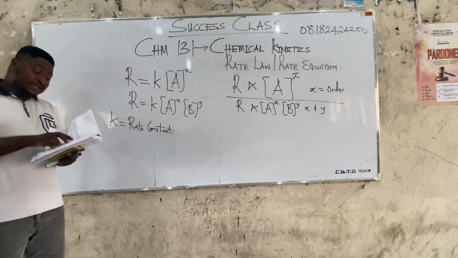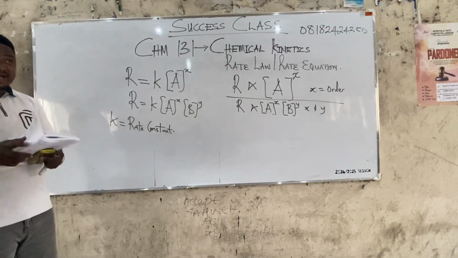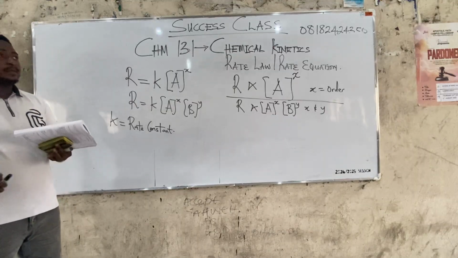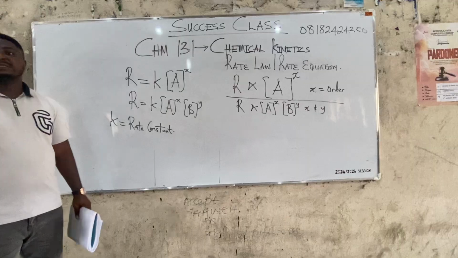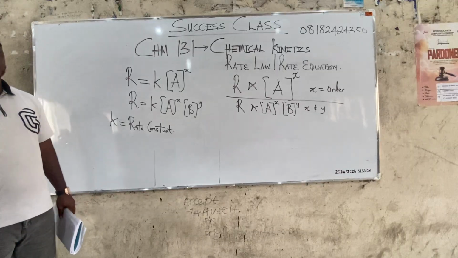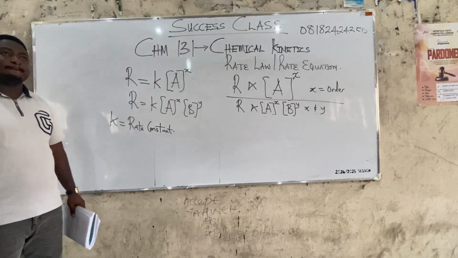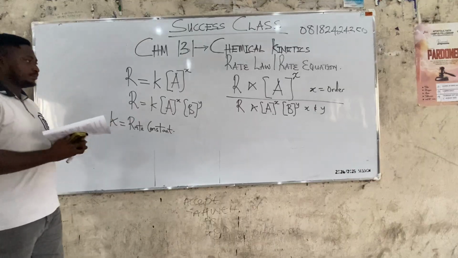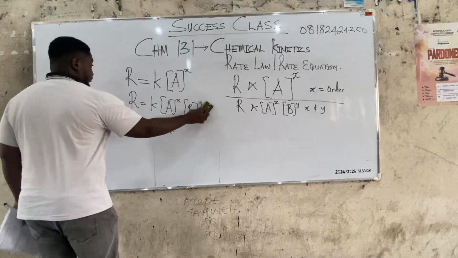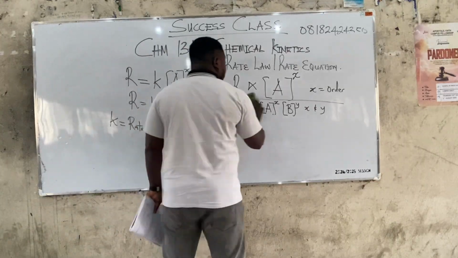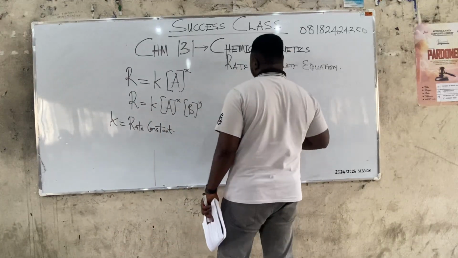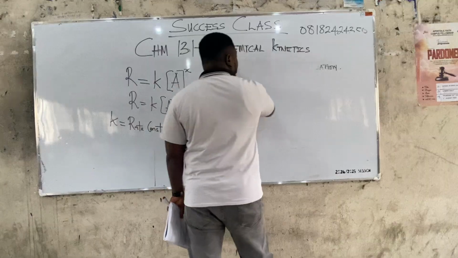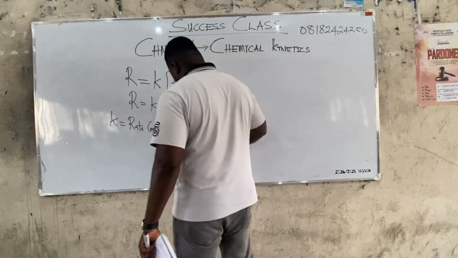Without wasting more time, our next subheading should be order of reactions. Order of what? Reactions. Class, we're going to be looking at zero order reactions, first order reaction, and second order reaction.